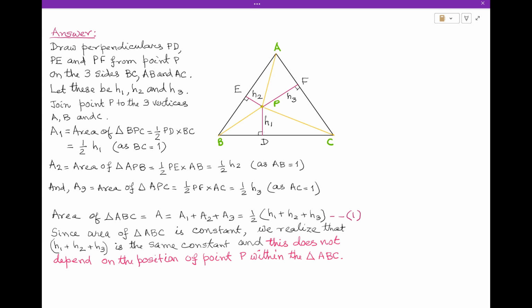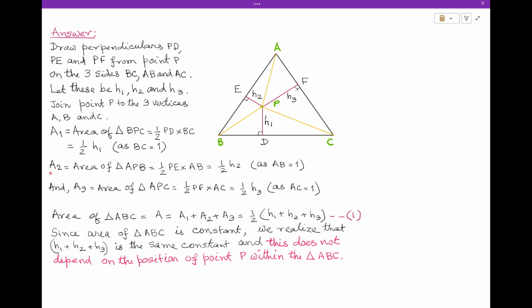Now A1, that is the area of triangle BPC, is half base into height, that is half of BC multiplied by H1, which is half H1 because BC is equal to 1.